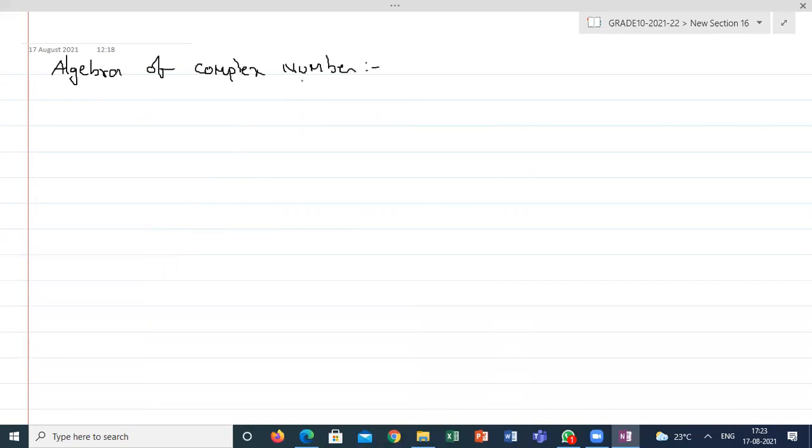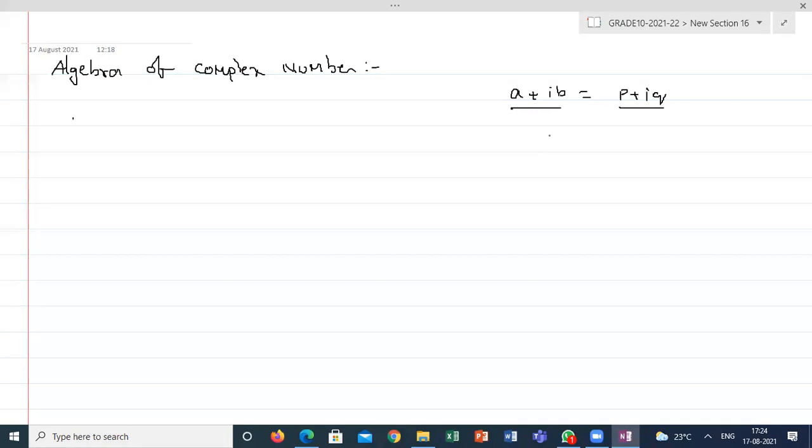It's very simple. So before going into the algebra of complex numbers, comparison of two complex numbers: when are two complex numbers equal? Suppose I am saying a plus ib is equal to p plus iq.